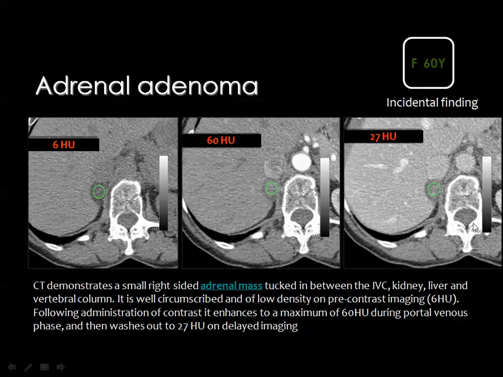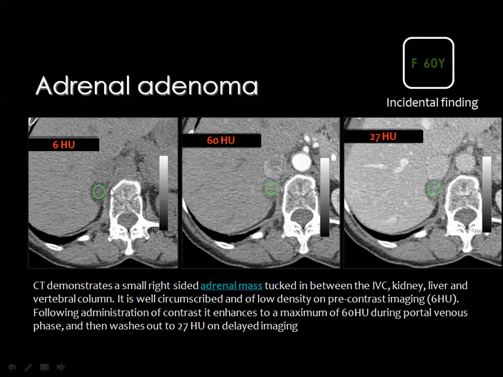And in the delayed 10-minute scans, it is 27 Hounsfield unit. Then if you see in the delayed scan, there is decreased enhancement or washout of contrast by more than 60%, then this is the diagnostic sign of a lipid-rich adenoma.